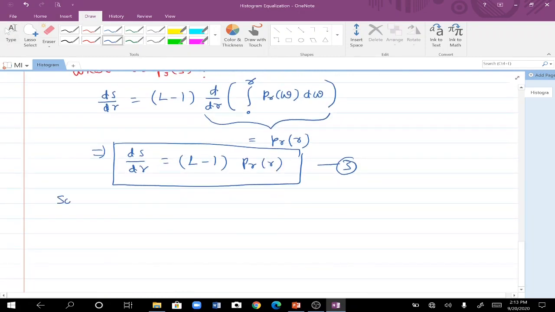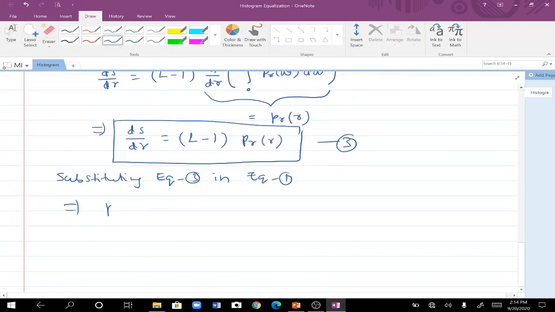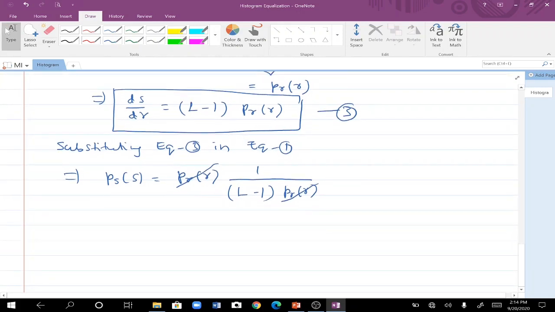So substituting equation number 3 in equation 1, what are we going to get there? Probability density function PS of S is equal to PR of R into the absolute value of dr by ds, so take the inverse of it, which would then be equivalent to L minus 1 into PR of R. So these two are getting cancelled for any given value of R.